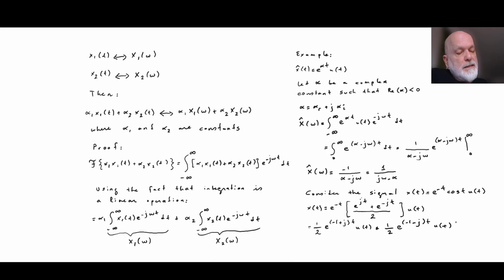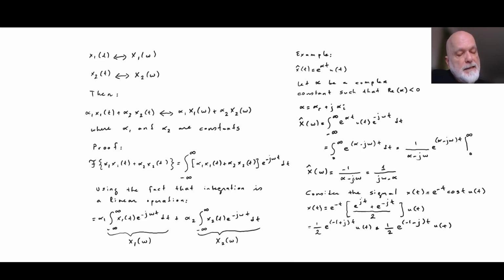Now, by using linearity of the Fourier transform, we can use the Fourier transform of x cap of t, which is capital X cap of omega, to obtain the Fourier transform directly.